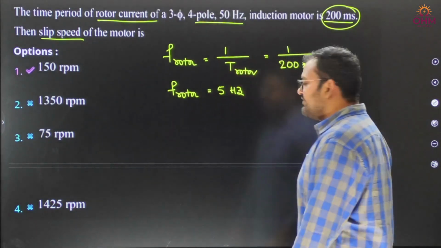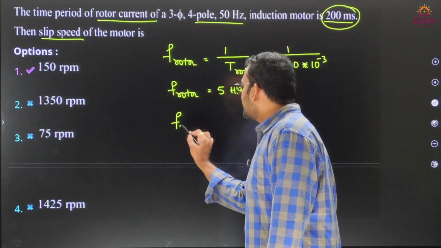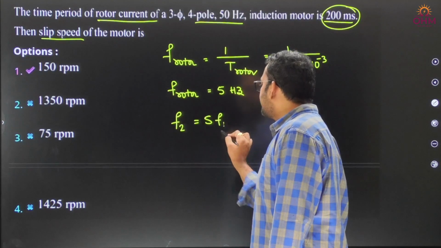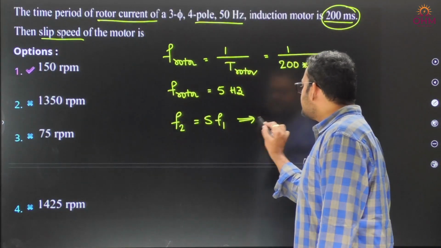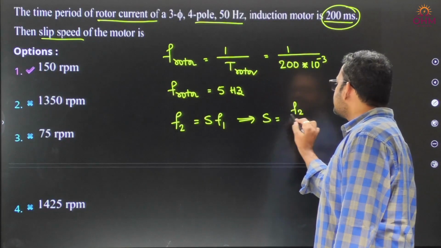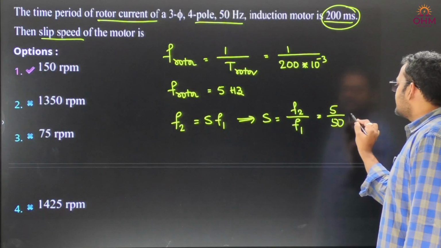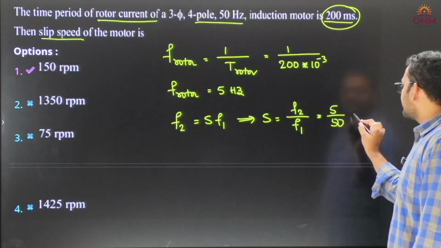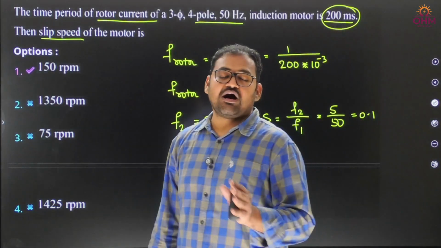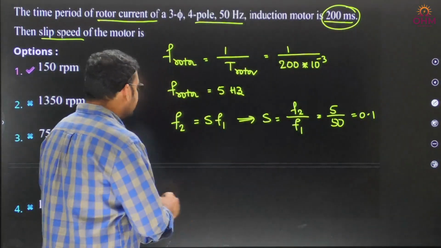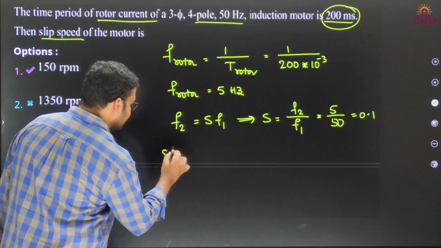If we know the rotor frequency, how can we calculate slip, guys? We all know that rotor frequency is equal to slip times supply frequency. So from this, slip is equal to rotor frequency by supply frequency, 5 by 50, 1 by 10, that is 0.1. Slip is 0.1. If I know slip, how to calculate the slip speed? They are not asking about slip, they are asking about slip speed. Yes, what is the slip speed?